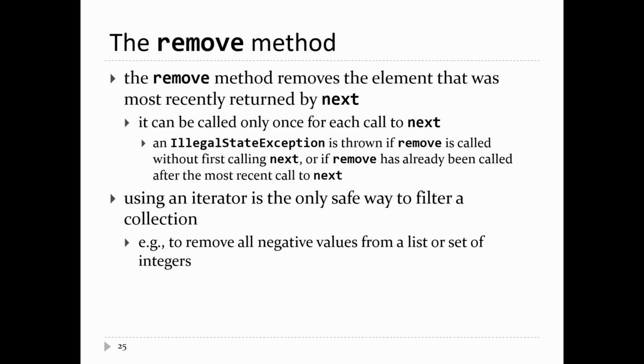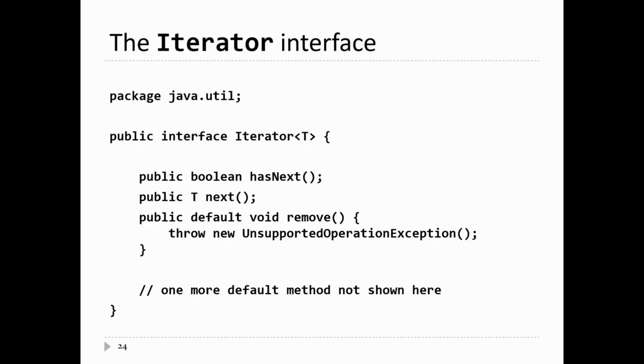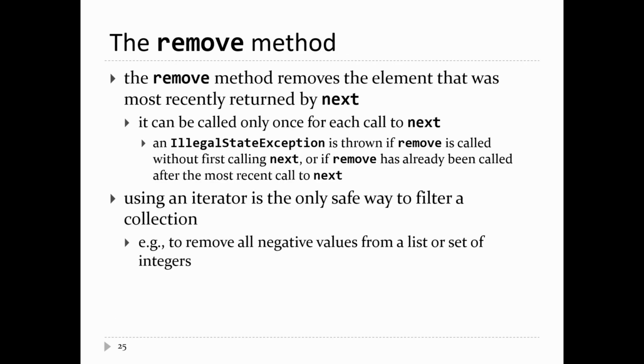What remove does is that it removes the element that was most recently returned by next. So the way you use these iterators is you create the iterator, and then you call next to get the first element. If you call it again, you get the second element, and again, the third element, and so on. If you call next, you're allowed to call remove.